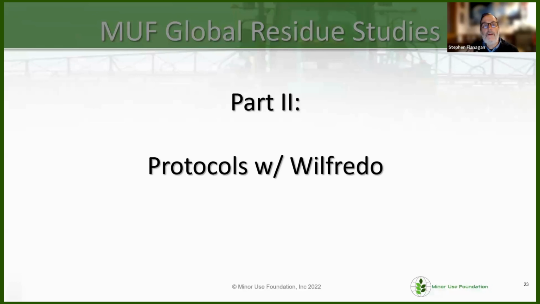With GLP studies, the documentation is really the bigger part of the work in a residue study than it is in an efficacy study. So there's a little bit of a translation that has to happen when you go from being an efficacy researcher into this world of GLPs and residue studies. That's just a little bit of background.